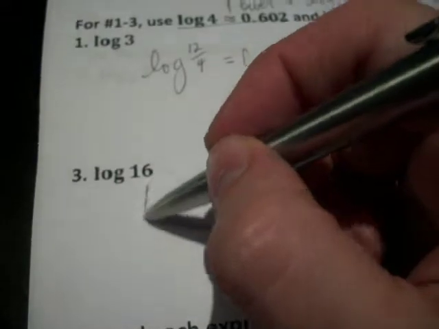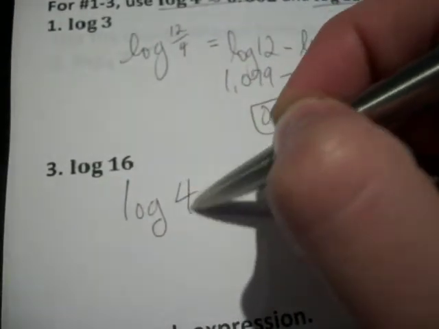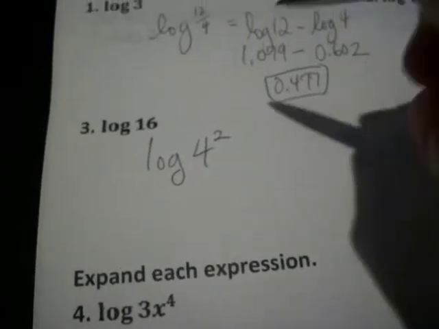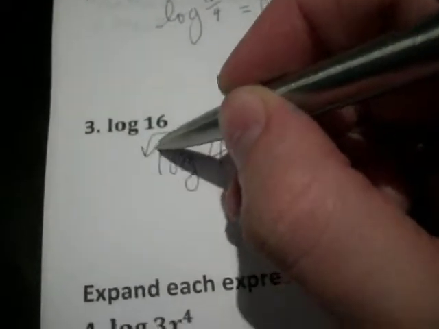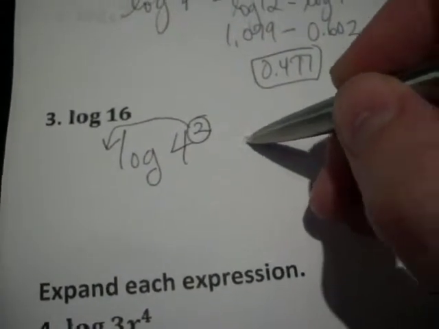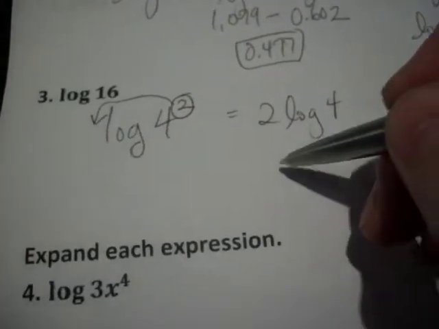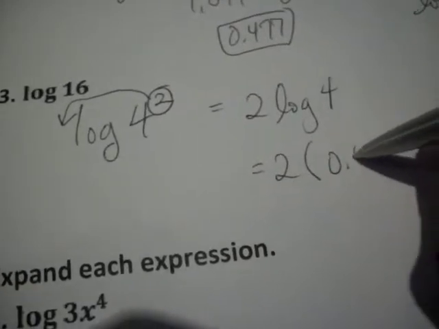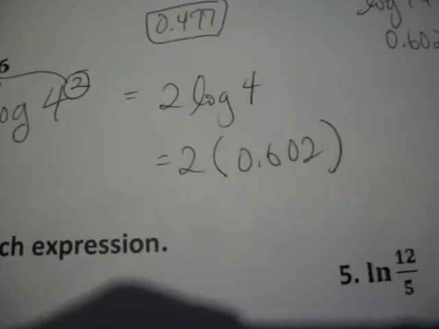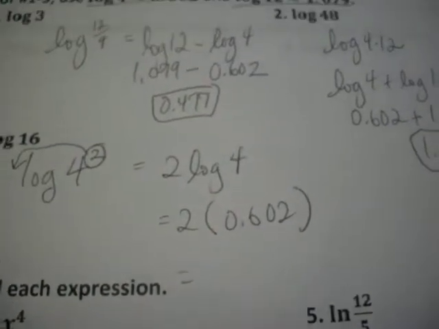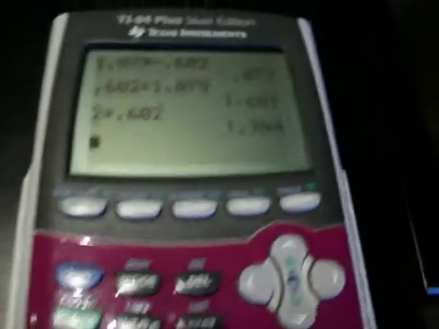What I can do is 4 squared. So this will give me an opportunity to demonstrate the power property that says to move that 2 to the front. So now it's 2 times log of 4, and I know the log of 4 to be 0.602. So I plug that in, and I get 1.204.